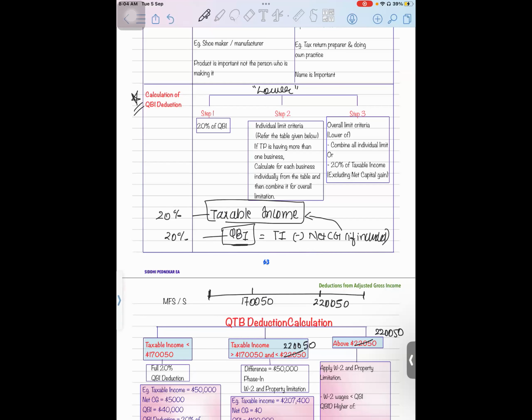Second is taxable income. That is all your 1040 page 1 income, earned, unearned, all the capital gains, everything added. That is your total taxable income. Any question till now, guys?